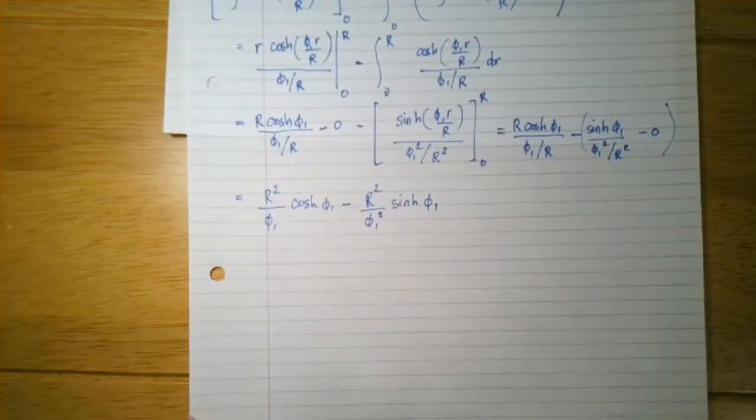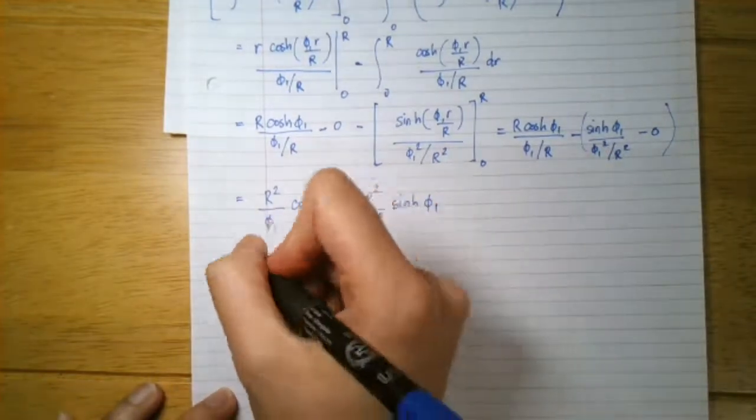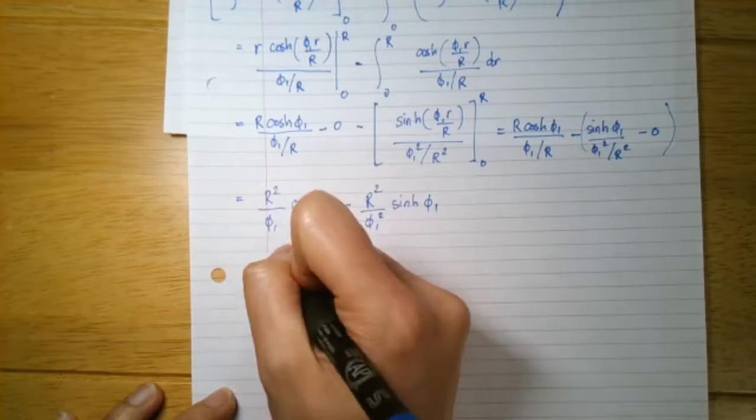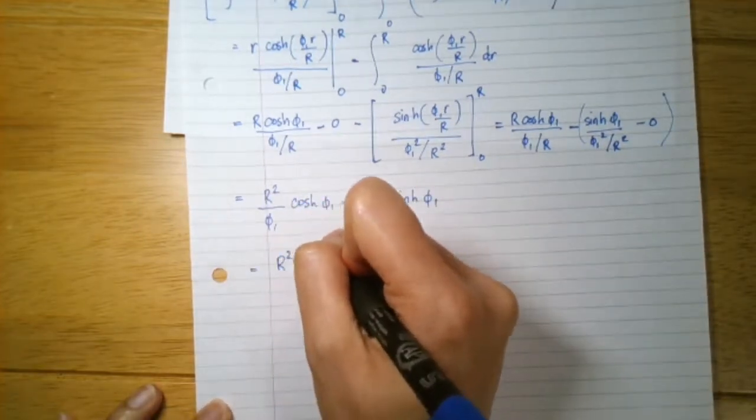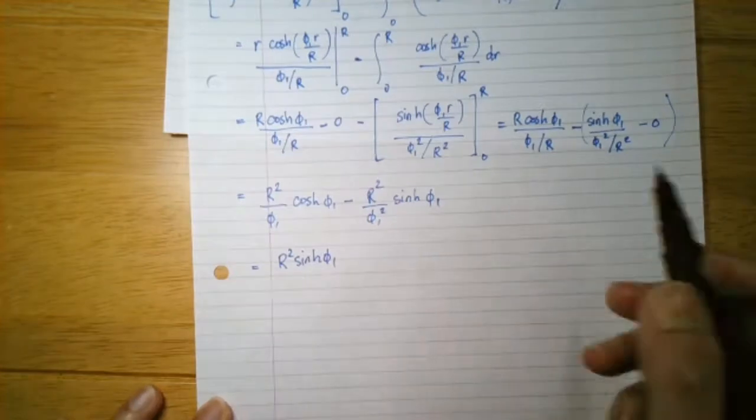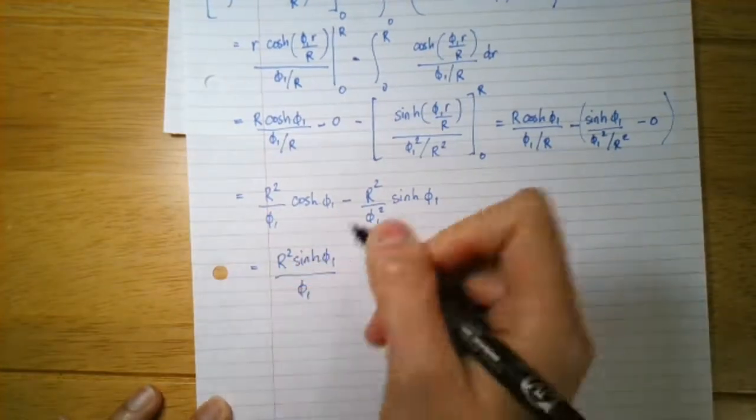Okay, and then I can factor out r squared sinh phi 1 over phi 1.